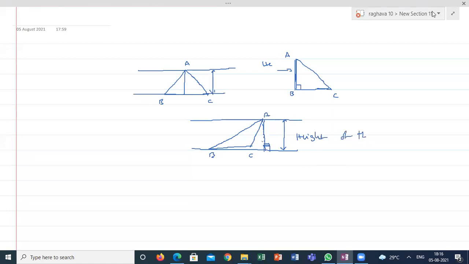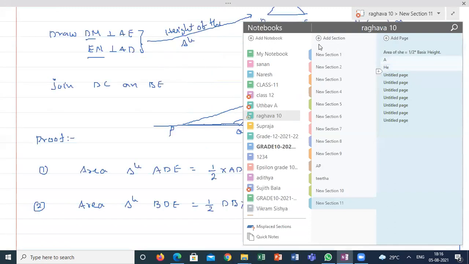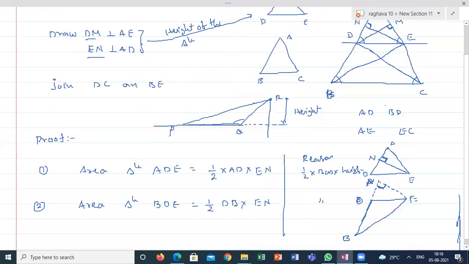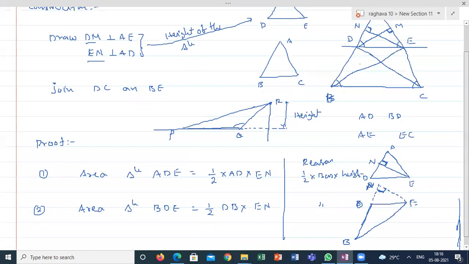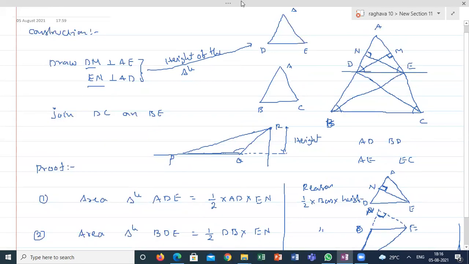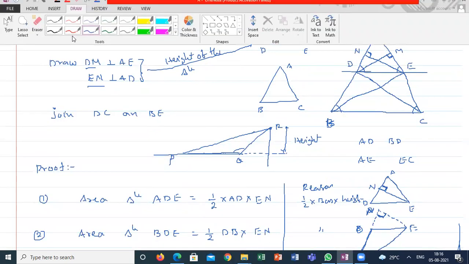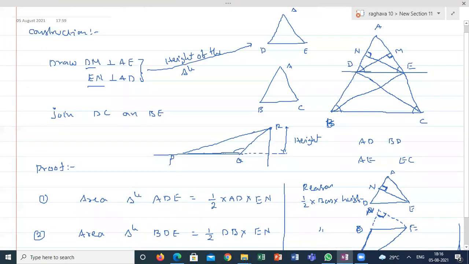So going back to the previous figure, how can I say this is the height of the triangle? Guys, you understand? This is my triangle ADE. I am extending this line like this, and I am taking the perpendicular here.